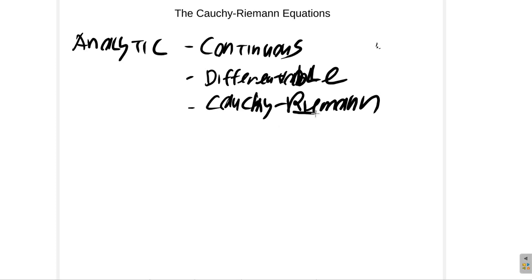Now, the Cauchy-Riemann equations. Let's not look at them directly yet. Well, you can find them all around on the internet, in books and so on. Or I should say them, because there's more than one equation, right? Let's see how we can develop the Cauchy-Riemann equations.